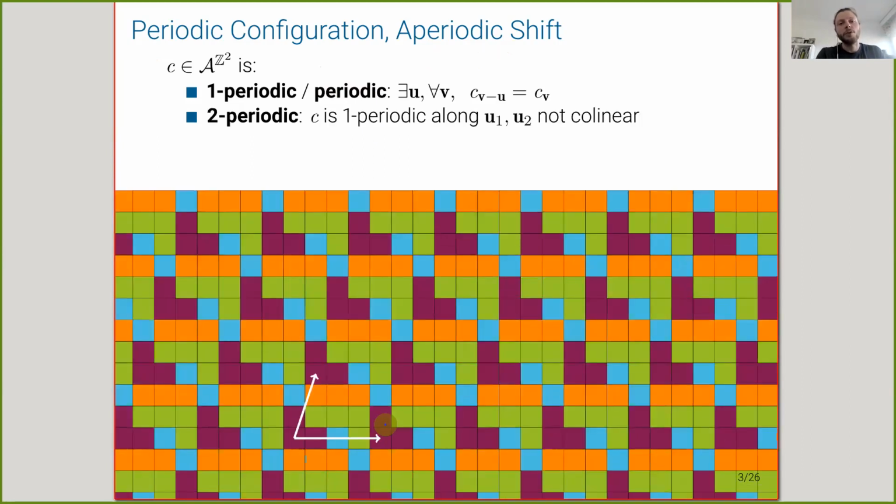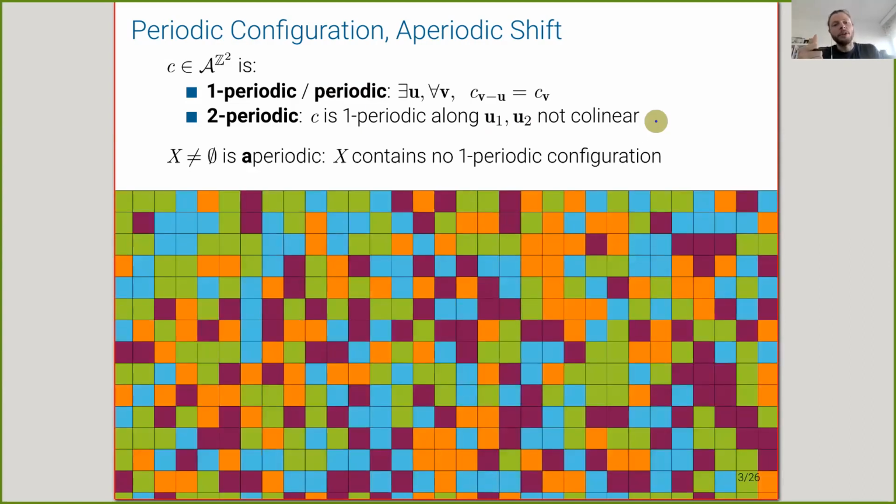The configuration is two-periodic if you have two non-collinear vectors, which is a bit stronger. And I will call a shift, a set X, aperiodic if it contains no one-periodic configuration. So none of its configurations will be allowed to be one-periodic.